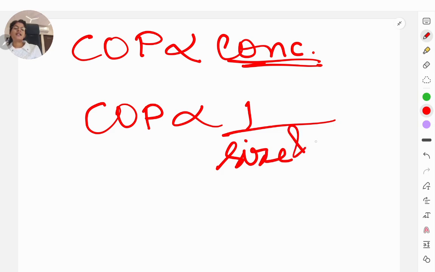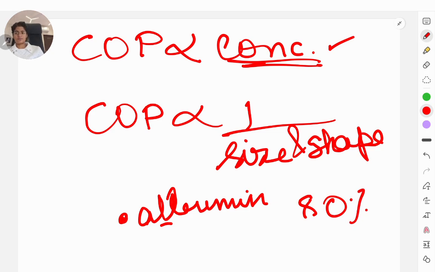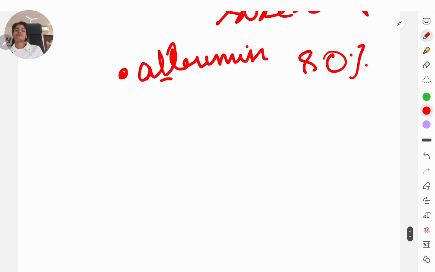More the size, less would be the colloidal osmotic pressure, and more the concentration or number of particles, more would be the colloidal osmotic pressure. Albumin, as we know, has the smallest size and highest number, thereby it contributes 80% of the colloidal osmotic pressure.